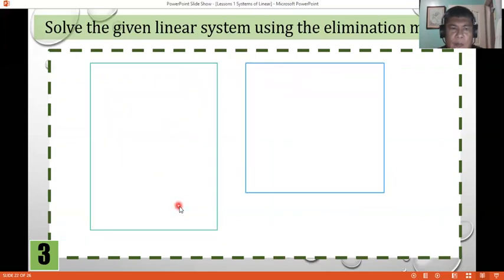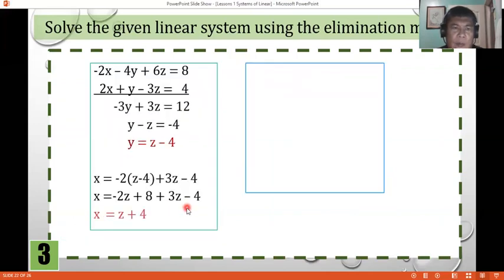Okay? Okay. Now, ito yung nakuha. Okay? Negative 2, tsaka yun, 1. 8 minus 4, ito yun. So, x equals to z plus 4, y equals to z minus 4.